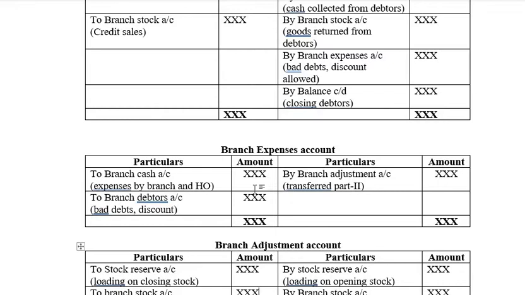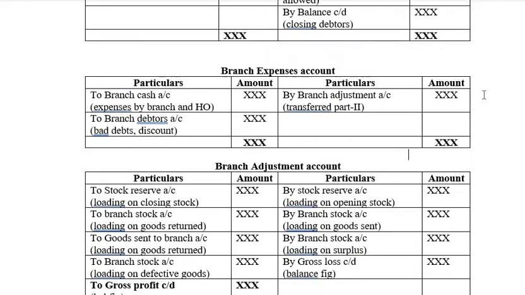If you see here, the debit side is more and the credit side is less, so the balance is brought to the credit side. The balance is being transferred to branch adjustment account, the next account. That is how it is said to be transferred to part 2. Part 2 means it is being transferred over here.